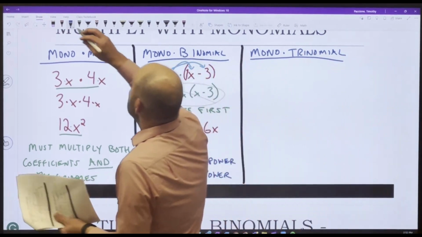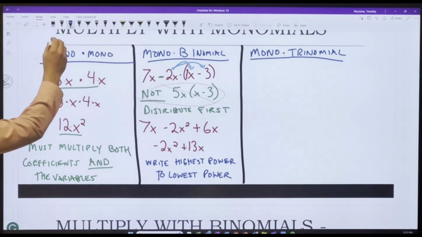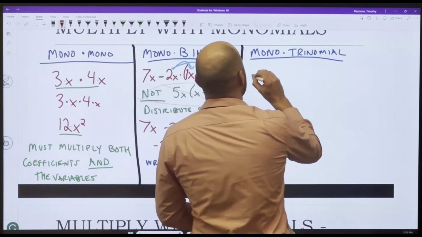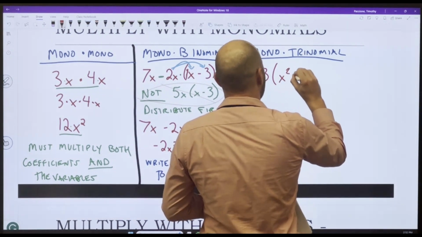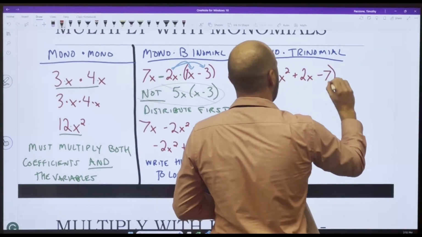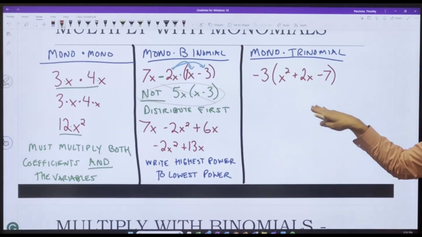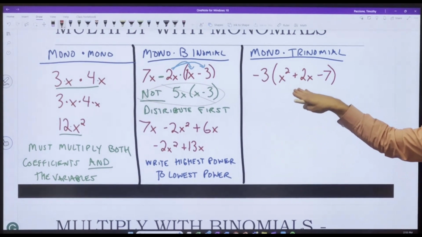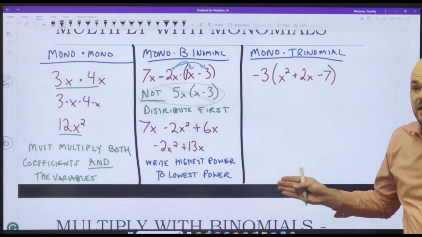All right. So that's monomial versus binomial. And then monomial versus trinomial. Let's say we have minus 3 times x squared plus 2x minus 7. Okay? Again, we have to distribute. How many terms are in there? Inside the parentheses, how many terms do we see? 3. So every one of them gets multiplied by negative 3.